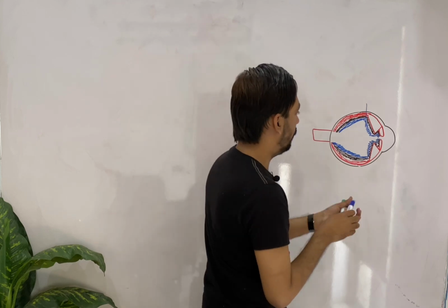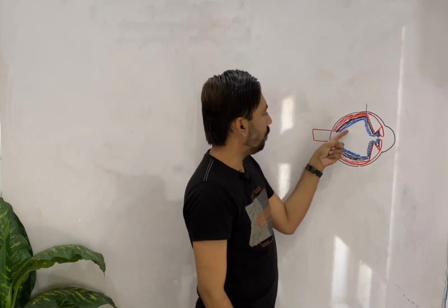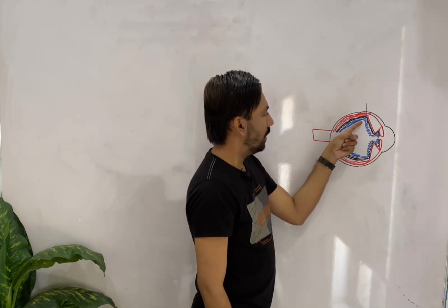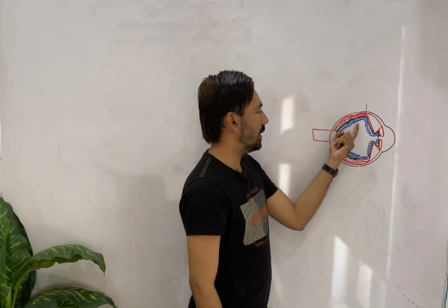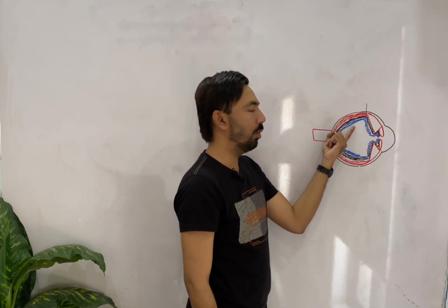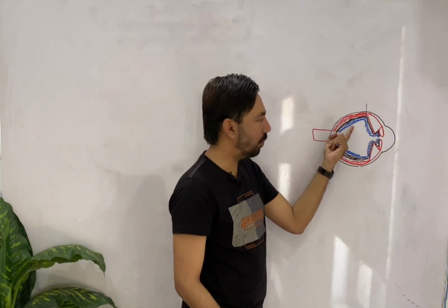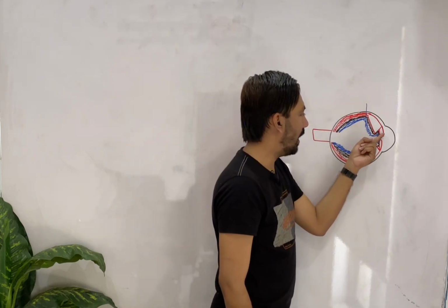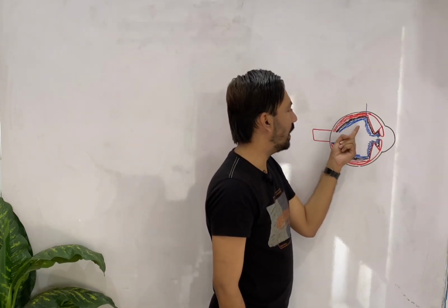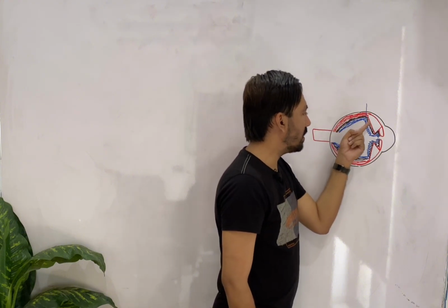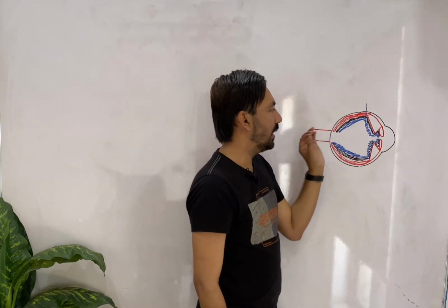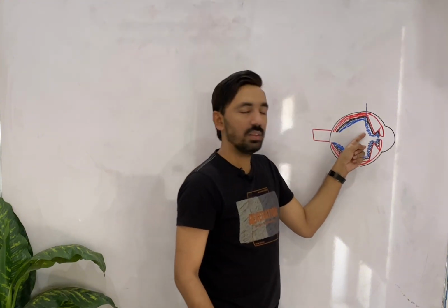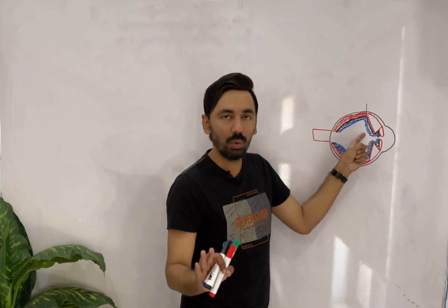But remember one point: at the back of the ora serrata, the layer is called the neuronal layer. But when this neuronal layer moves forward towards the ciliary body and iris, when it crosses the point of the ora serrata, then this layer is not the neuronal layer anymore, right?